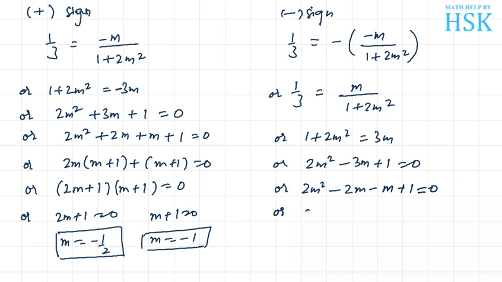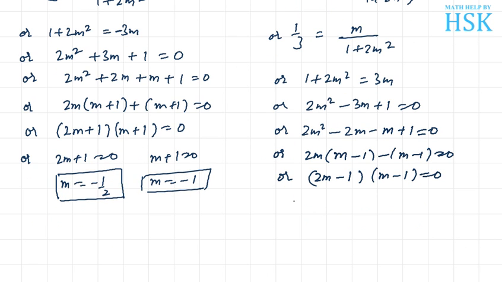Taking 2m common from the first two terms, I get 2m into (m minus 1), and from the last two terms a minus sign common, minus (m minus 1) is equal to 0, or (2m minus 1) into (m minus 1) is equal to 0. So 2m minus 1 is equal to 0 or m minus 1 is equal to 0. This gives me m is equal to 1 by 2 and m is equal to 1.